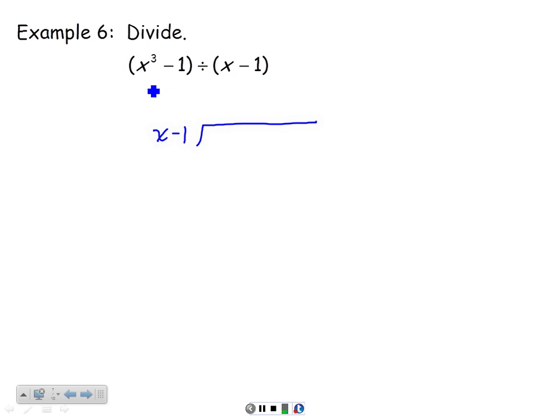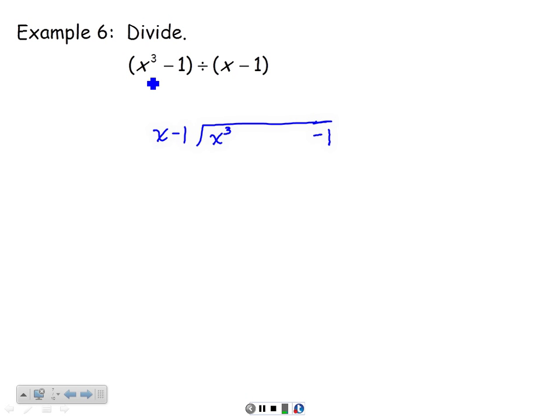Now, the other thing that we haven't talked about is when you do division, you cannot skip exponents. And this is the only time that this happens. You have to have a placeholder for every single exponent. So for example, this problem starts with x to the third, and it goes all the way down to negative 1. Well, there's a couple of exponents that we're missing in between.